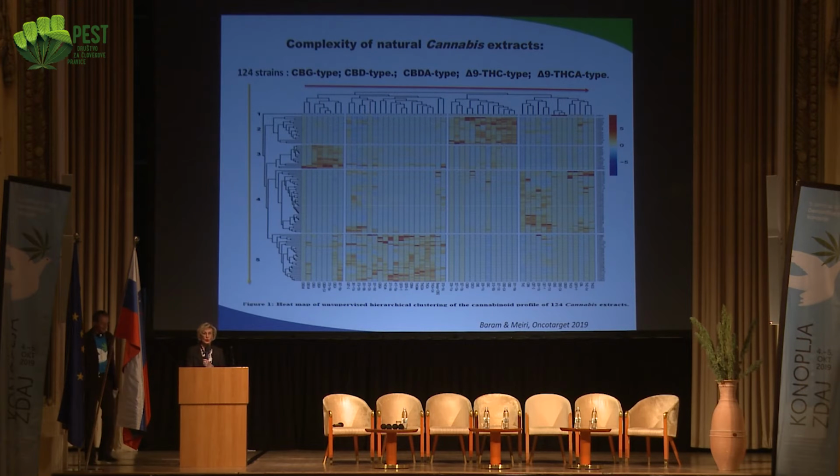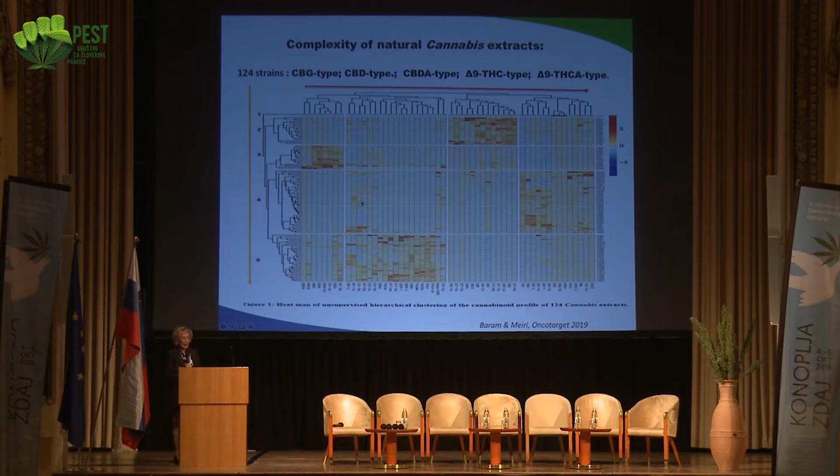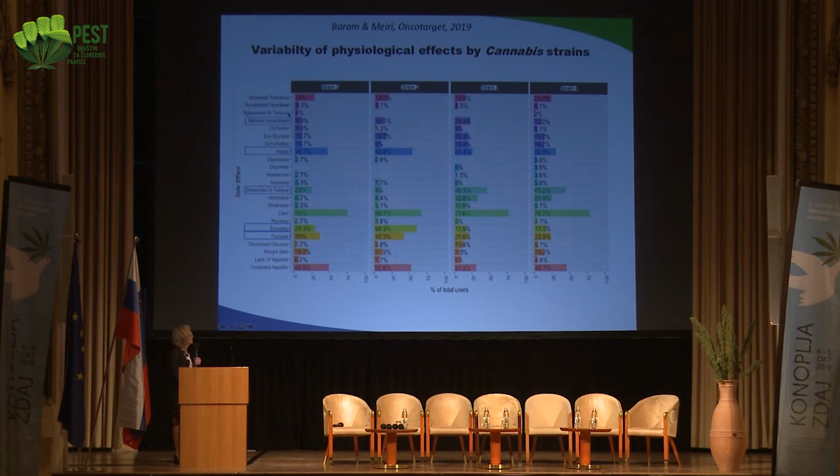So I hope you got the message from this slide that you can have different strains, but they can be clustered into 5 groups. And then he identified these strains based on the pathophysiological role that they are playing, or at least a physiological role. What kind of effects do they have?